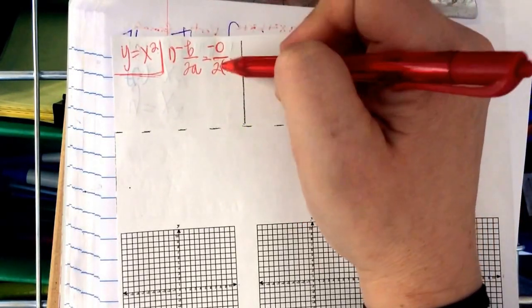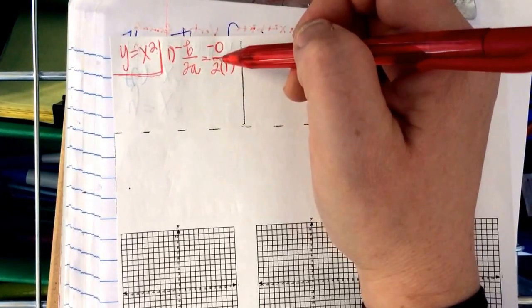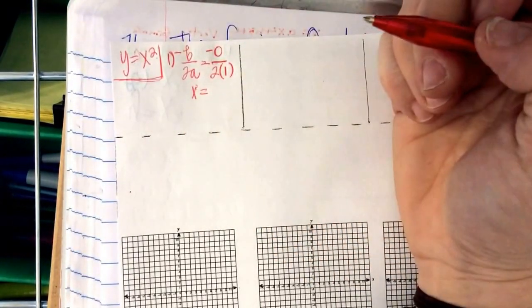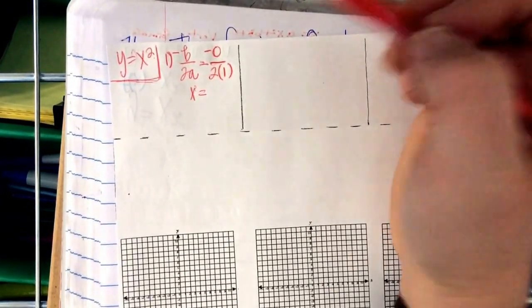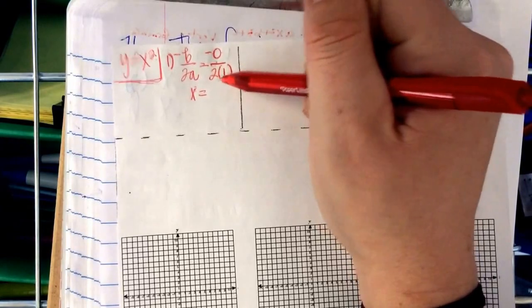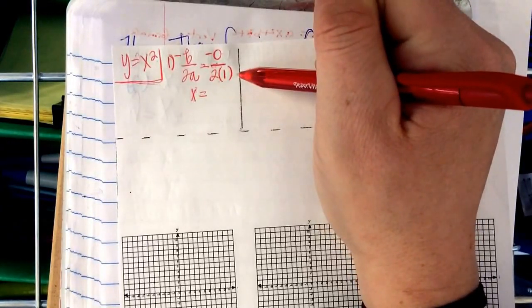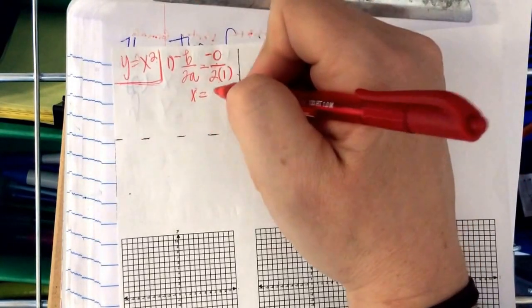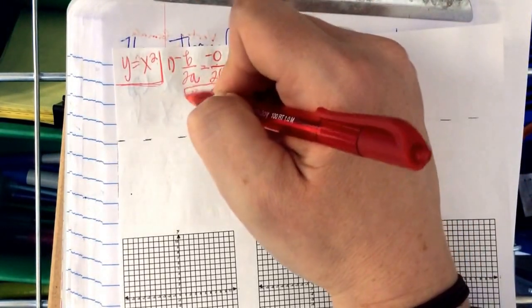So I would then take my calculator and simplify, or you can do it mentally, negative 0 over 2 times 1. 0. So that's my axis of symmetry.